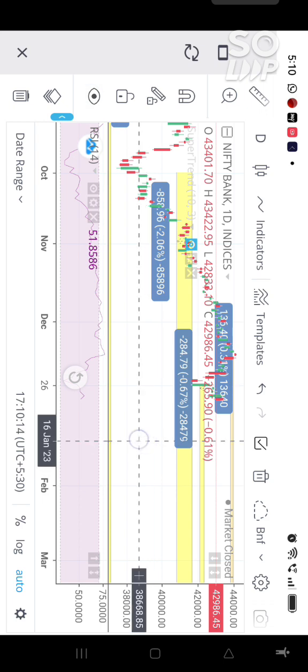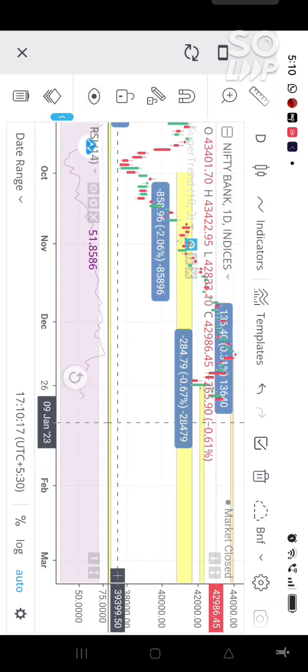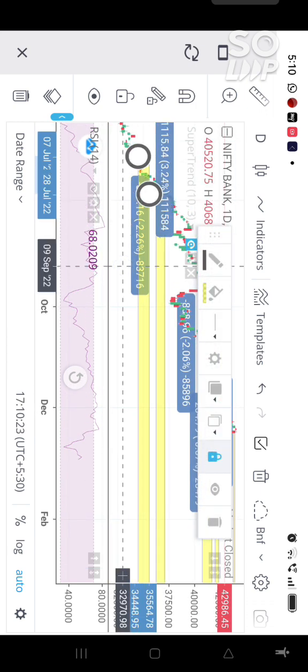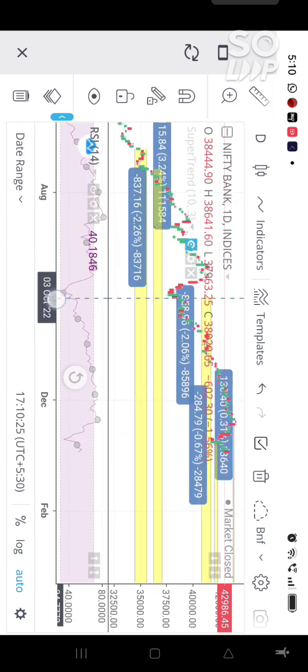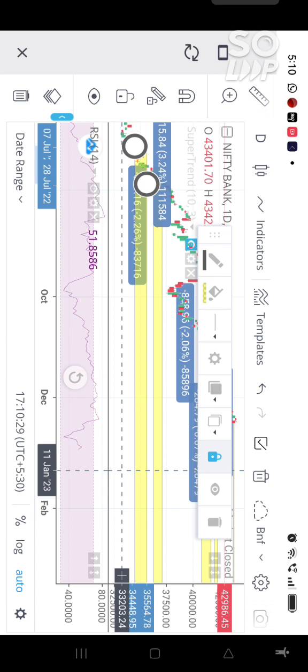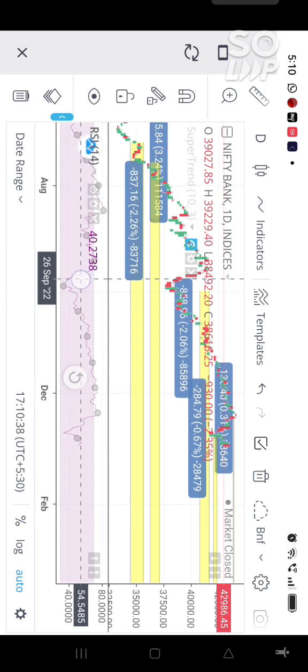In the daily chart, the RSI has come down to 33, and then it is moving up slowly. From the top at around 77, it had come to around 33, and now it is around 54 and moving up slowly.